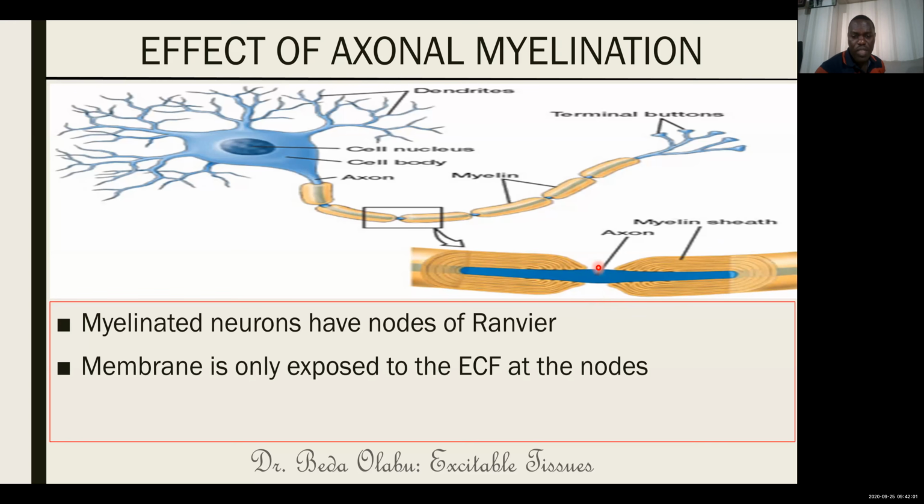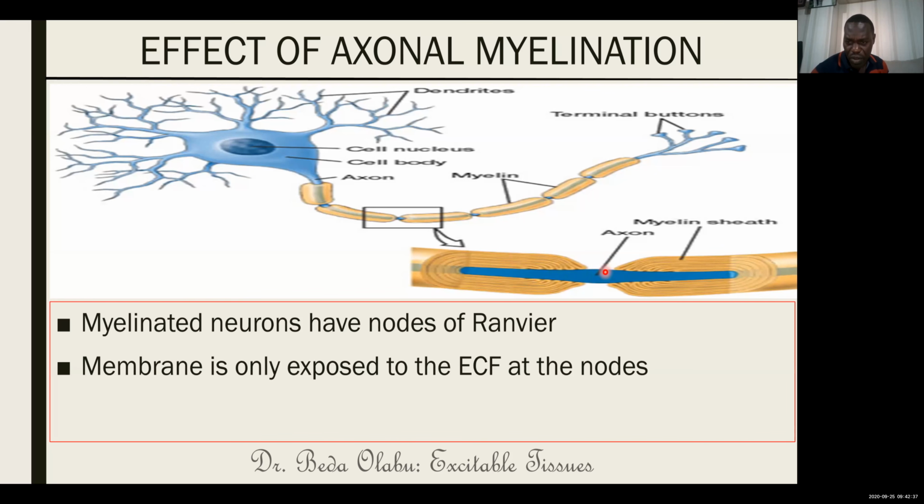Now, remember what happens in depolarization of neurons. During depolarization of the cell membrane to create an action potential, voltage-gated channels are the ones which open, then now sodium rushes in. If this region is not exposed to the extracellular fluid, then it means even if the voltage-gated sodium channels open here, you will not have a sodium rush at this point.